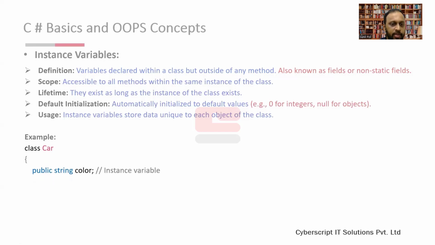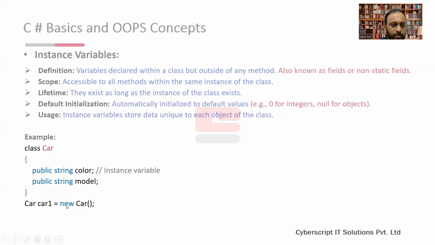So we have declared one class Car over here. Also declared some attributes like color and model. It is also called properties. So here color is a string data type and model has the string data type as well. So these are the instance variables. Whenever we create the object of the Car class, those variables are also created in memory.